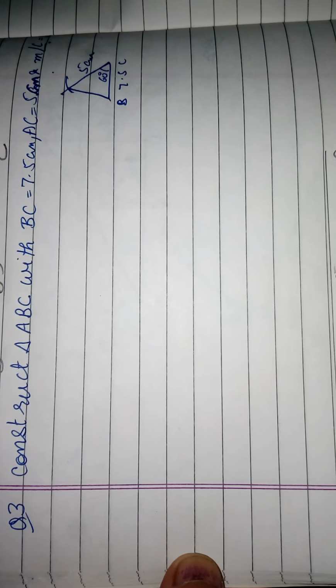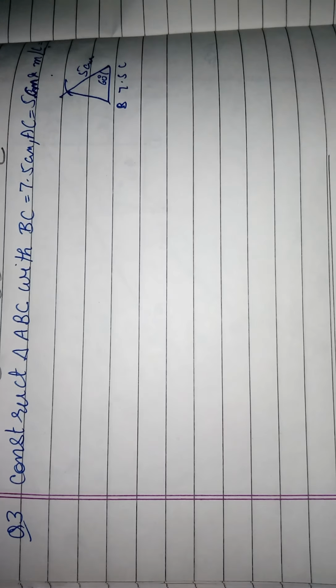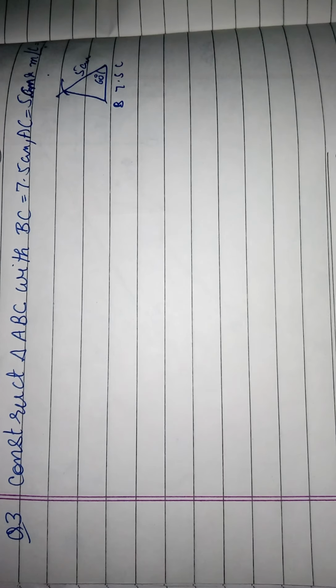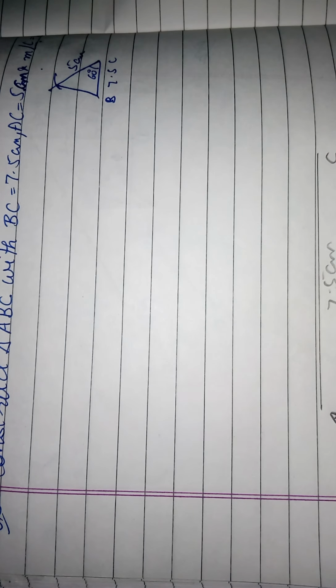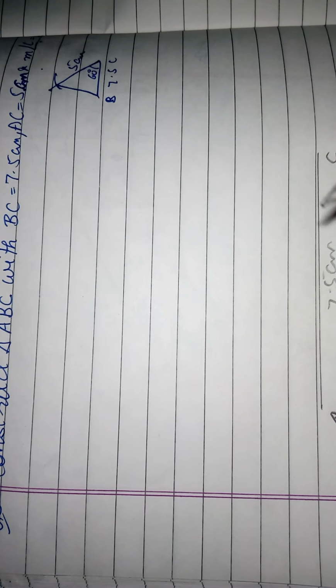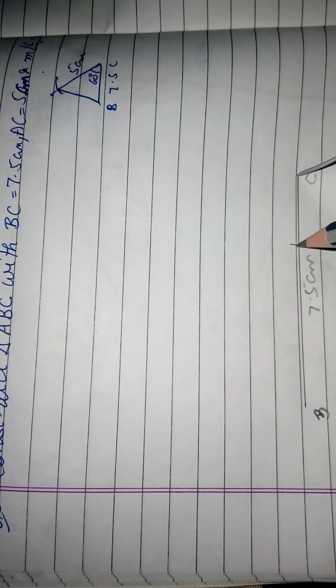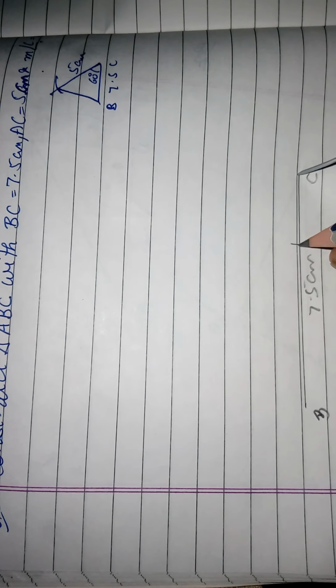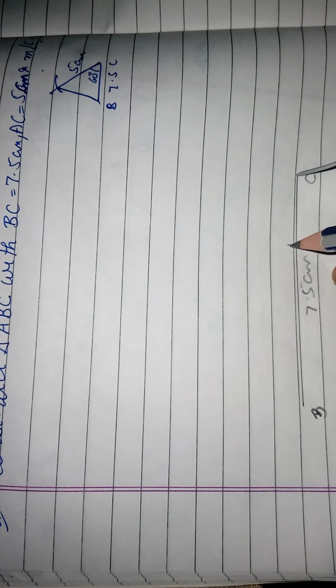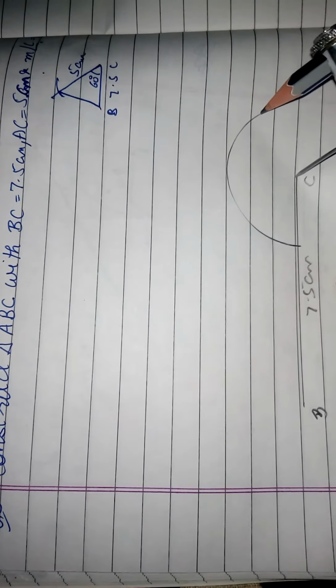Now what we have to take, with C as center, 60 degrees can be drawn through compass. Now see, from where the pencil is, this is 0. So this is our arc.